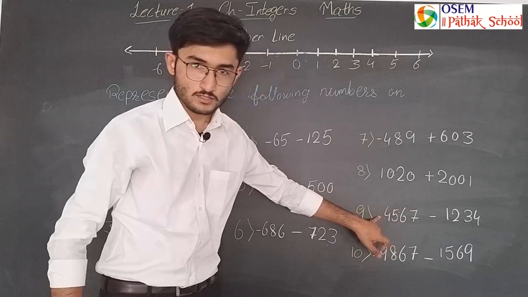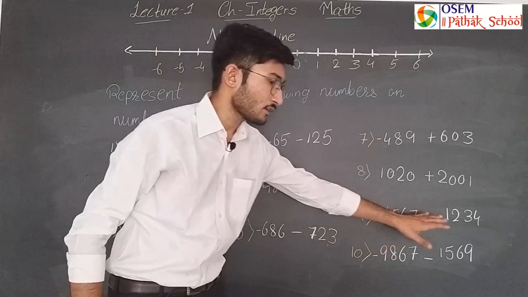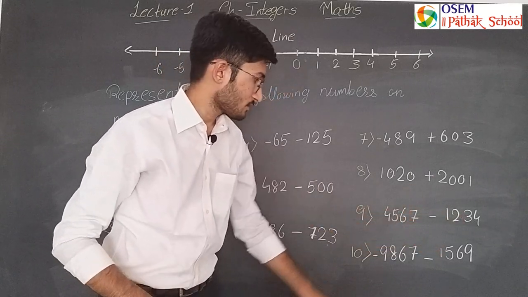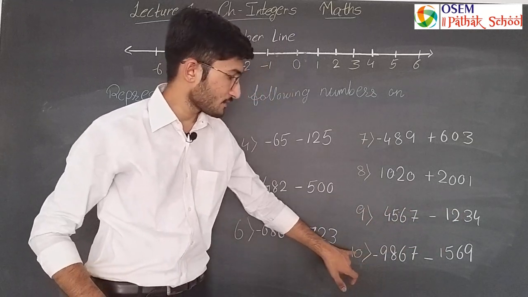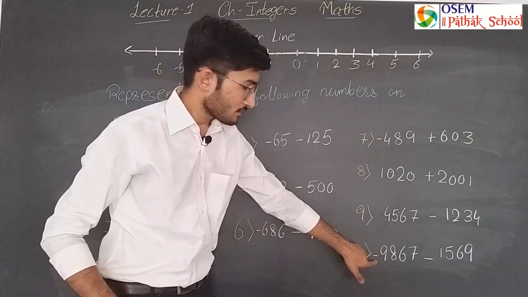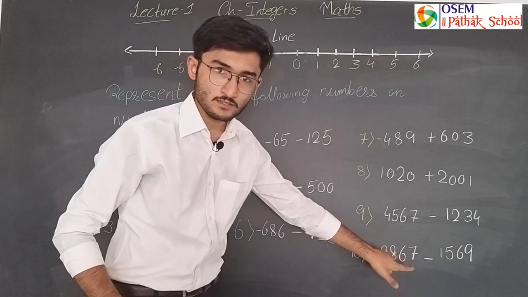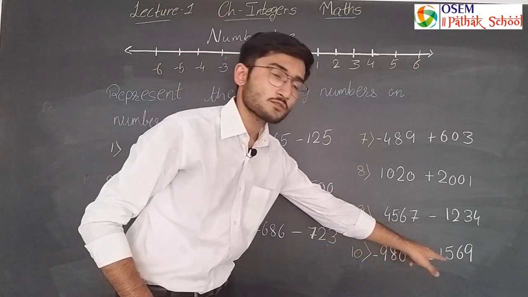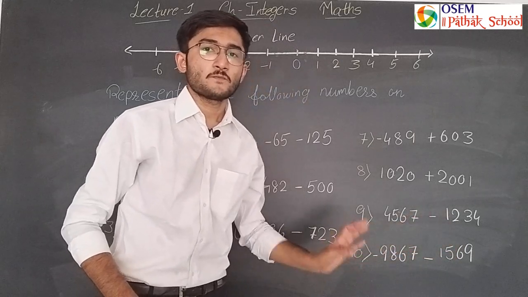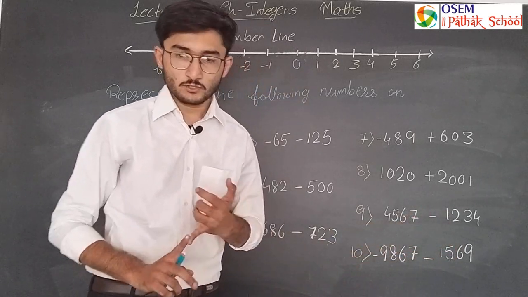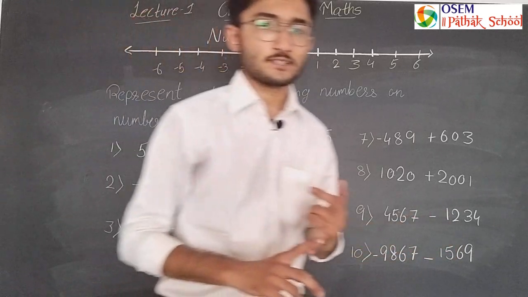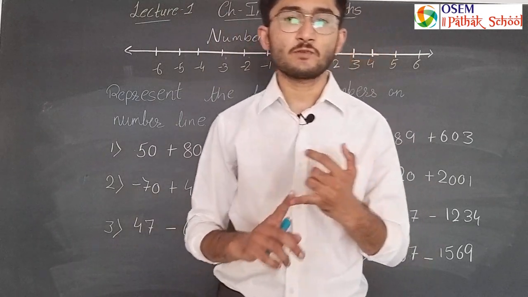Here one is a positive integer and the other one is a negative integer. Last but not the least, that is the tenth, 9867 minus 1569.